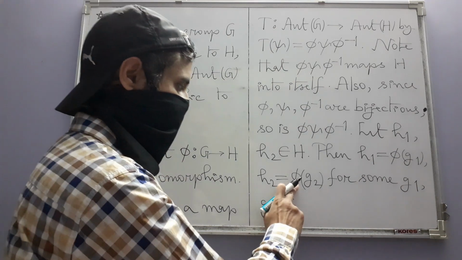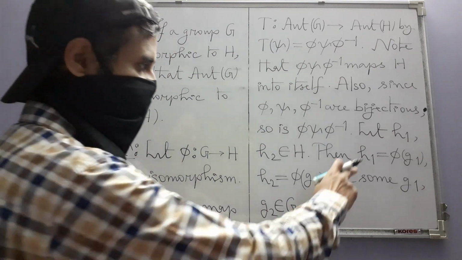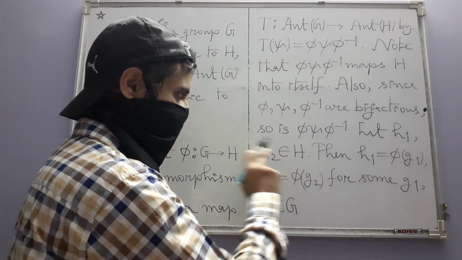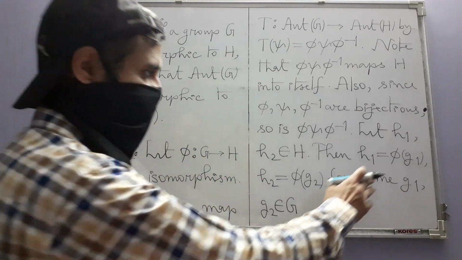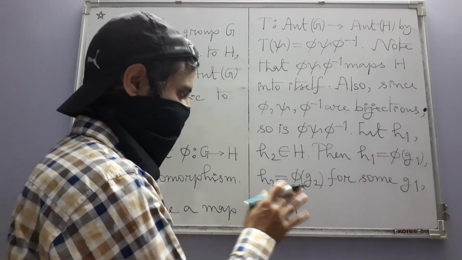That's because phi is onto and H1 and H2 are coming from H. That's why such inverse images exist of H1 and H2.